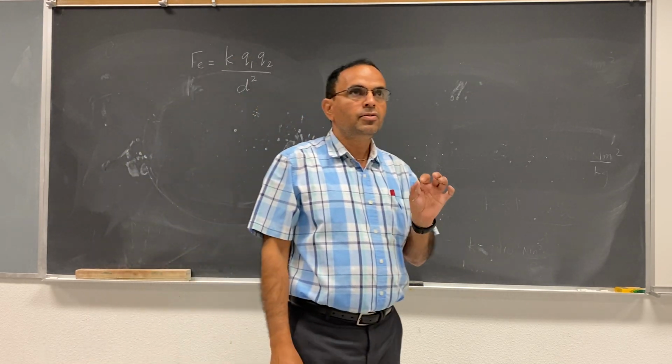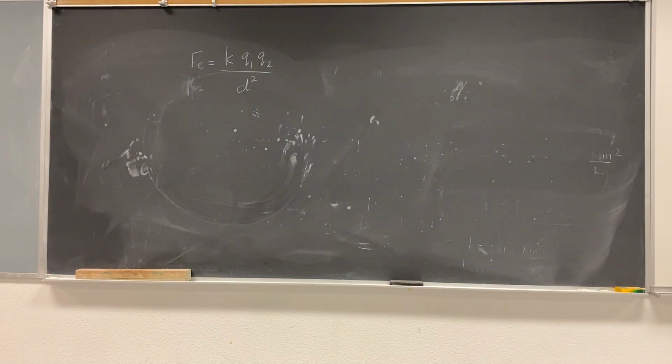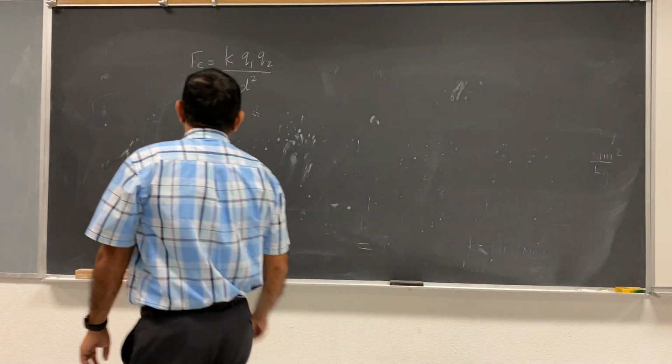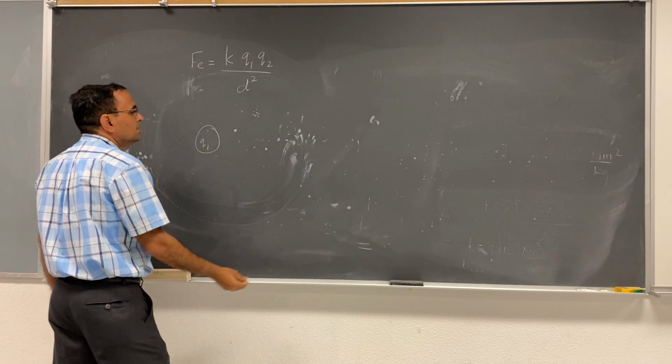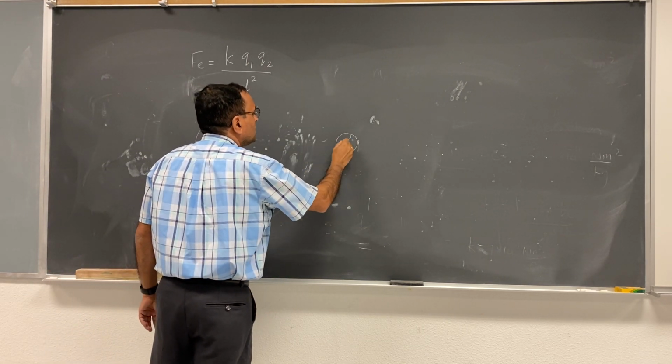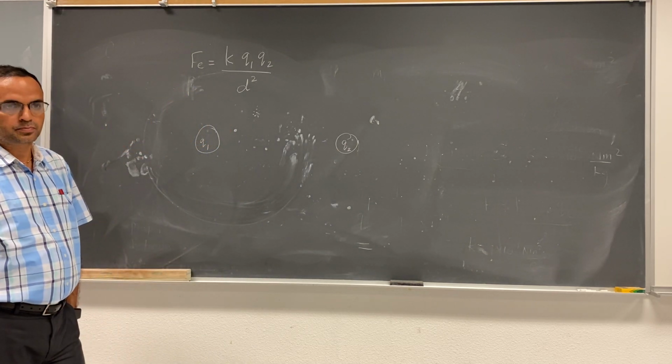But you know that force is a vector quantity. So if it is a vector quantity, then you must give the direction of the force. Let us suppose this is one charge Q1 and this is another charge Q2. So there is a force between these two charged particles.